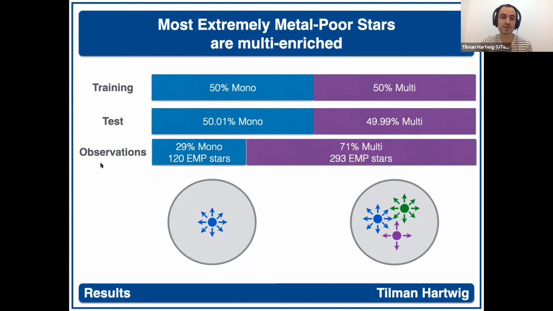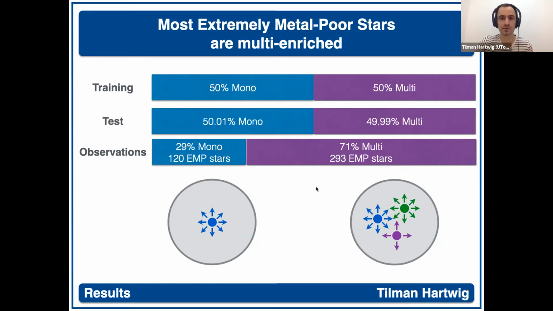But if we look at the observations, if we take the evidence into account, we see how this shifts, and our otherwise neutral classifier finds that most extremely metal-poor stars below metallicity -3 are multi-enriched. It's 70% to 30%, which seems to be quite a strong indication for multi-enrichment.